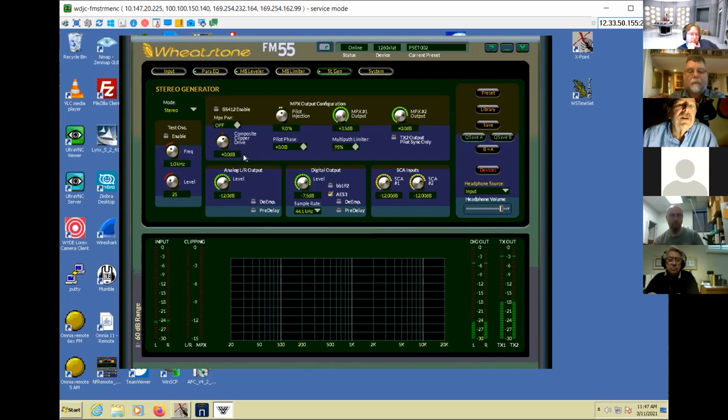Incidentally, you may notice that I'm not driving that clipper very hard at all. I'm on the 0 dB. I'm just letting it catch stray peaks. But if you watch down here, even on voice, you can see every now and then I clip, sometimes very hard. See that one? Quick little clip that made it through the processing sections.